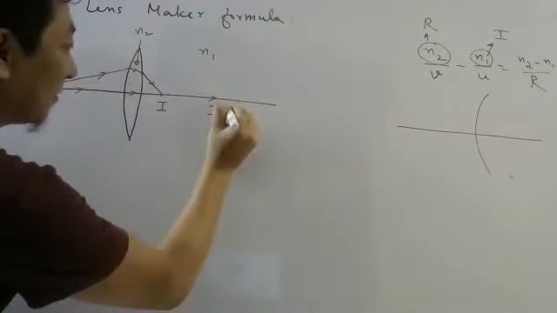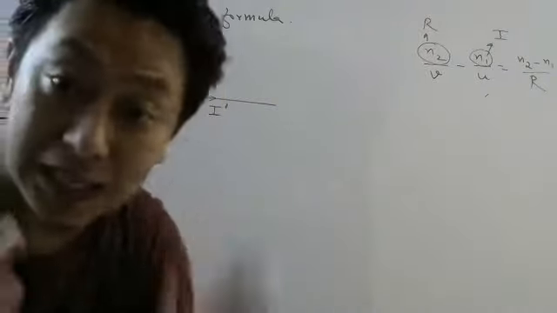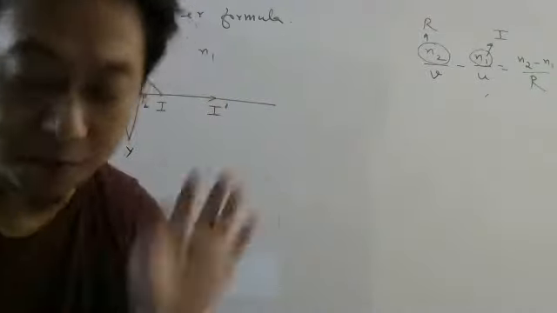Whenever there are multiple refractions or reflections, it doesn't matter, the rule is that the image made by the first refraction will become the object for the second refraction. How to remember it in an easy, understandable way? Very simple.